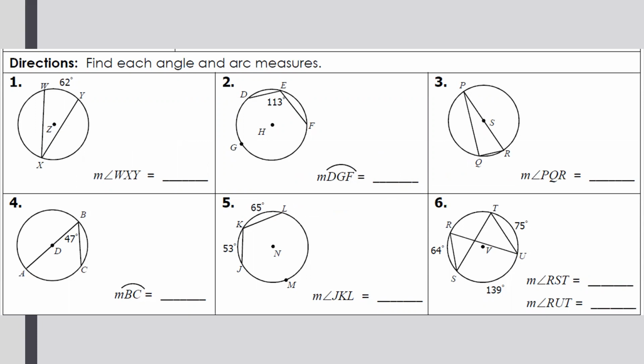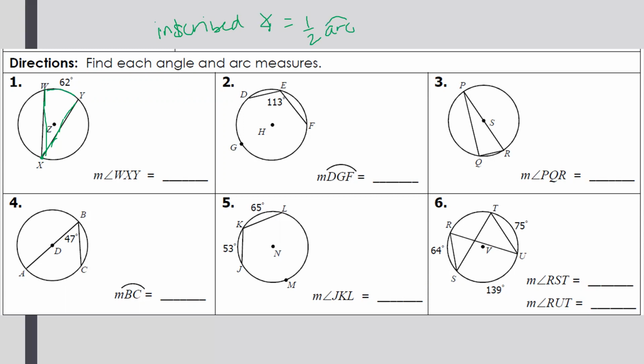All right, in number 1, we have an inscribed angle, and I know it's inscribed because its vertex is on the circle. So an inscribed angle is always half of the measure of the arc. If you need to write that somewhere, you definitely can. You might even see it on some of my notes in the future. The inscribed angle equals half of the arc that's inside of it.